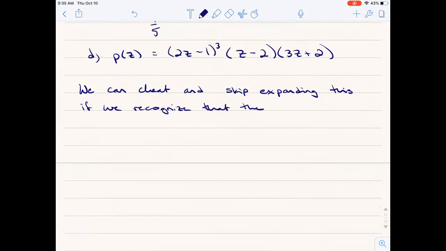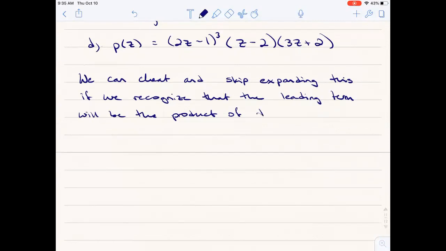But we can actually do the same thing with the constant. If we recognize that the leading term will be the product of the highest powers of z from each term. I'm calling them terms. I don't like it, but I can't think of the word.